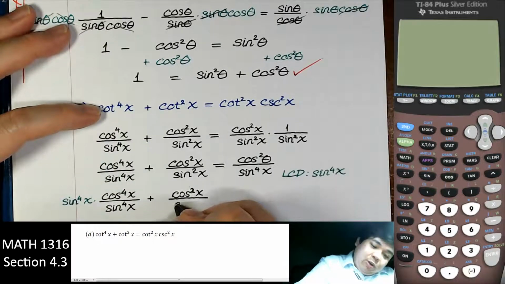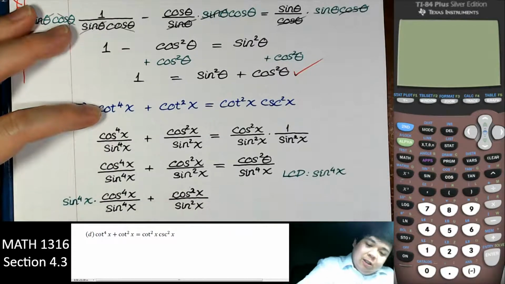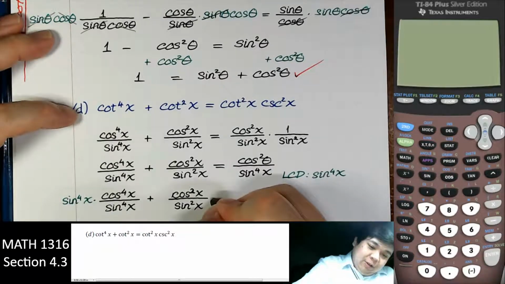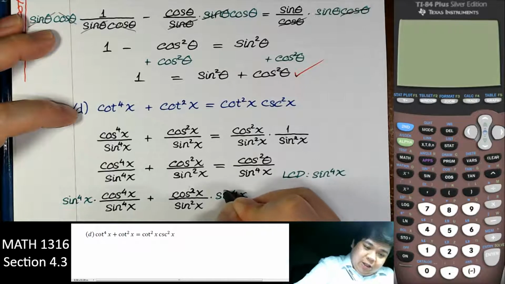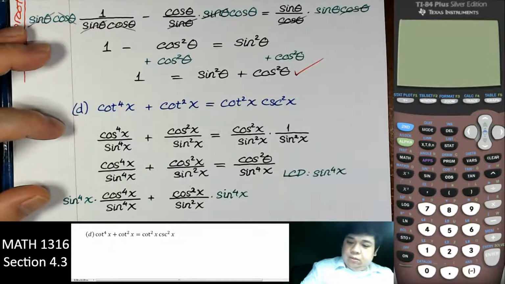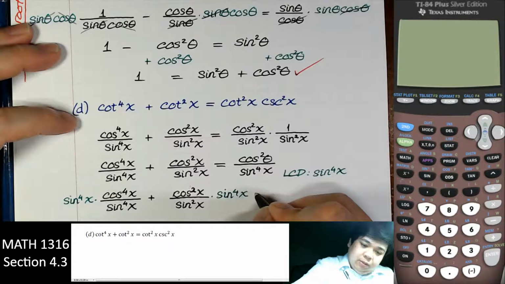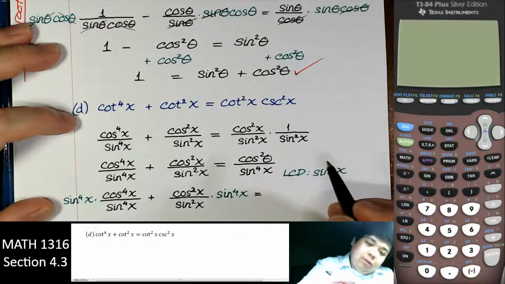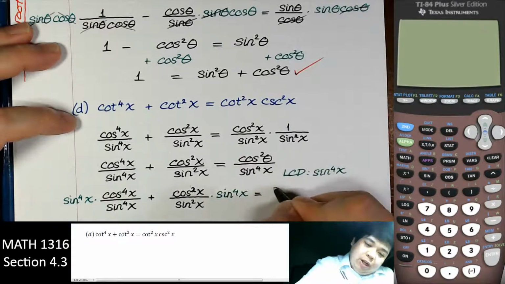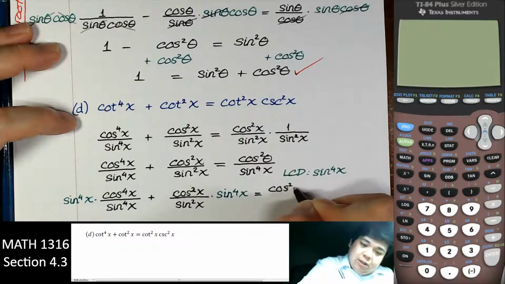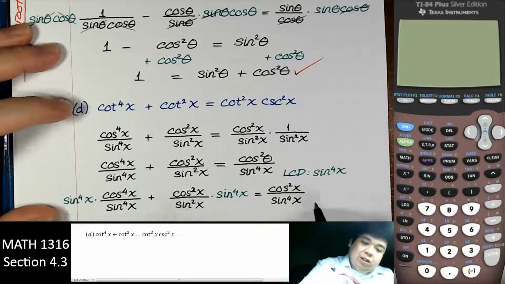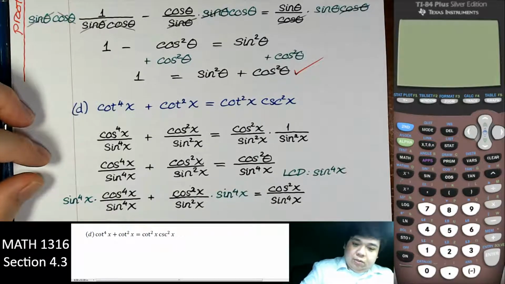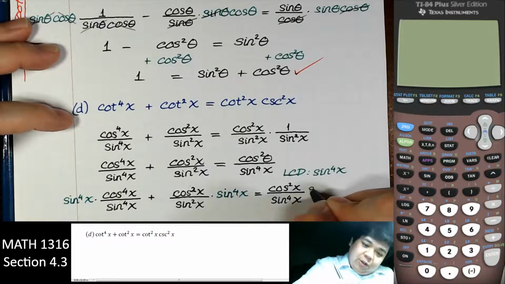Cosine square over sine square, times the sine to the fourth x. And then cosine square, sine to the fourth. Sine to the fourth.